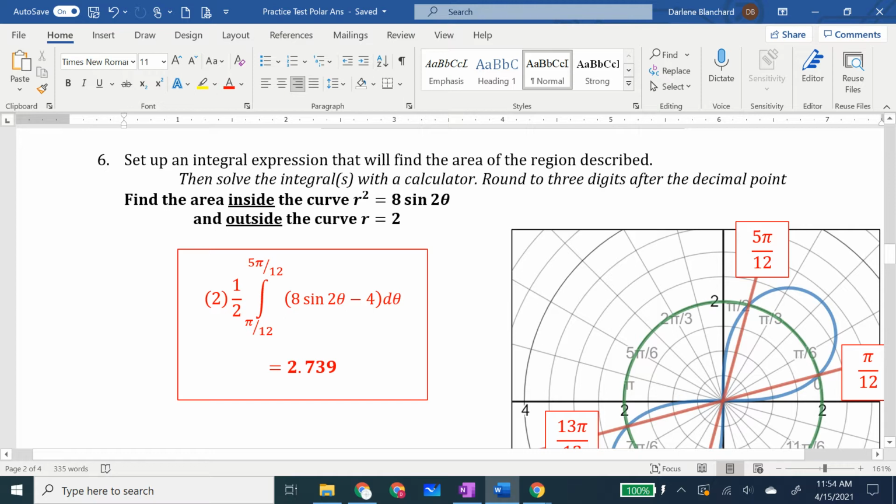That's what you got with your calculator? You guys probably have it written down. No? I'm getting no's. Uh-oh. Did anyone online get that number after putting it in your calculator? Excellent. Okay.